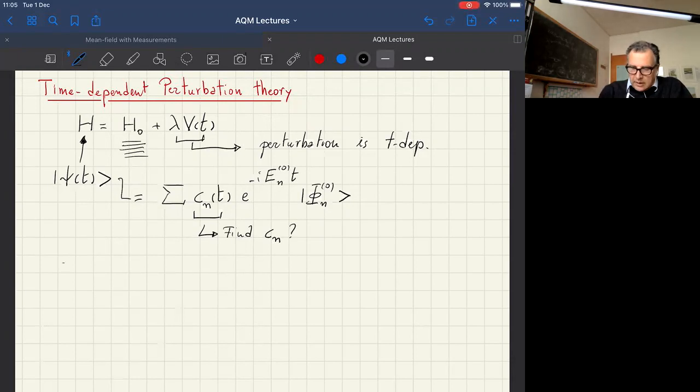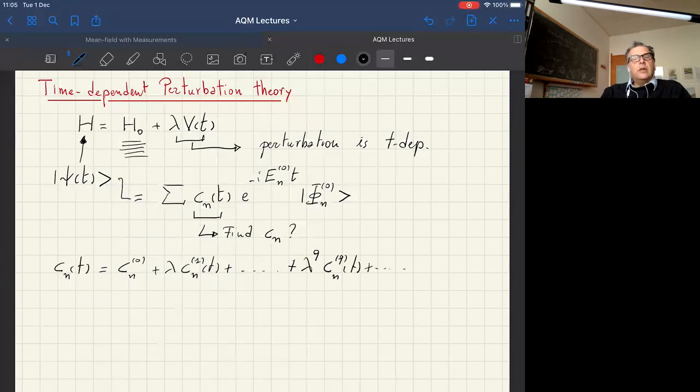If you remember, what we did was, let's try the following. We write Cn as C0 of n plus lambda C1 of n of t plus and so on, plus lambda to the power q Cq of n of t, and so forth. The nice thing about this expansion is that we could write a chain of equations.